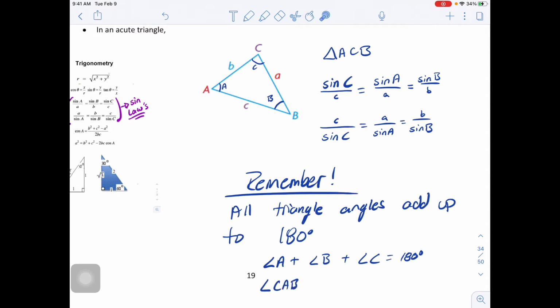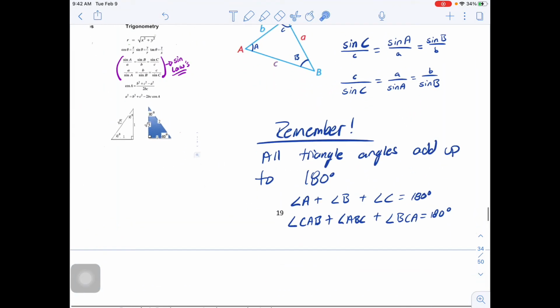So if we look here, the vertices CAB create angle A, plus angle ABC. Vertices ABC create angle B, plus angle BCA. Here we can see that angle BCA forms angle C. So just some review of a little bit of notation here. But this is a very important rule moving forward.